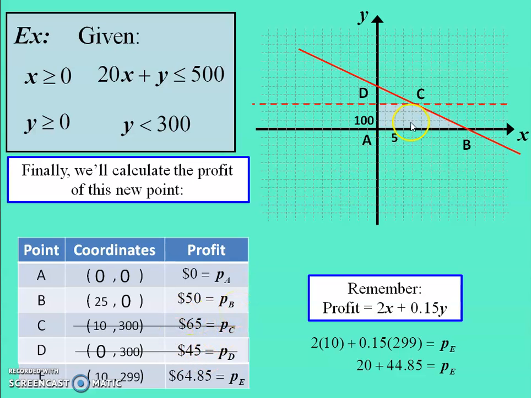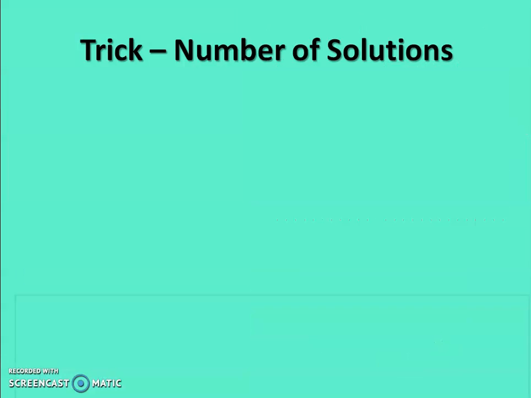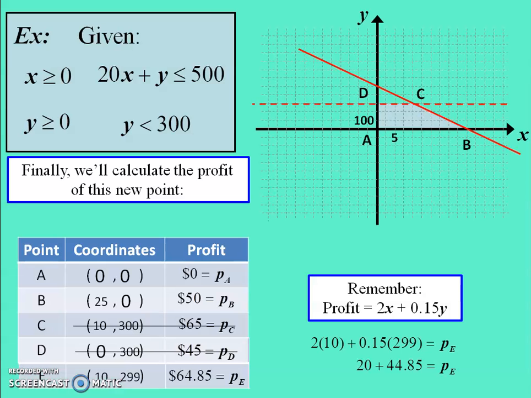It's possible that if you went up to 11, there could be a point over here that might best that profit. And so you might have to check that. You might have to find a point that's there that still satisfies all the constraints. But that's what that trick entails, and it's not an easy thing to do. So that's trick number one.